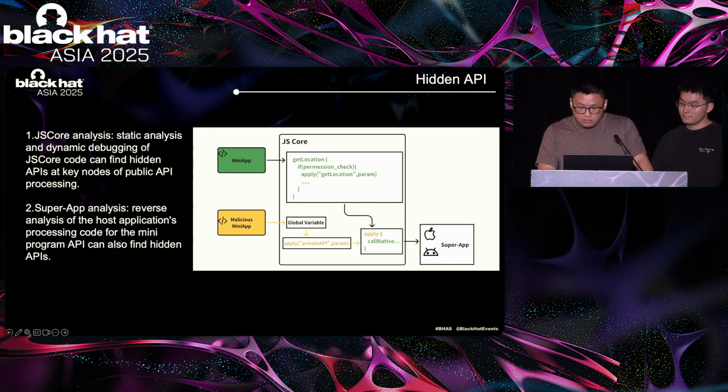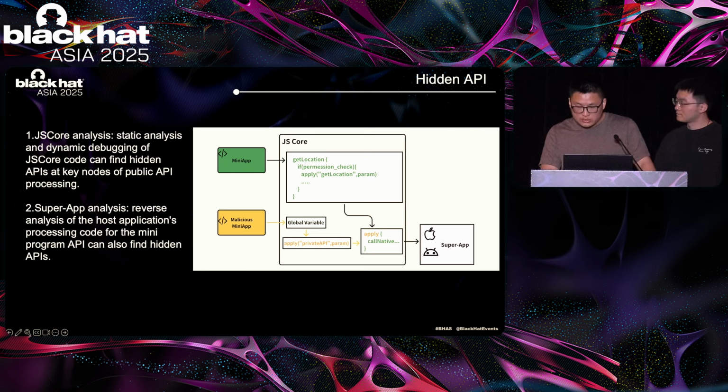Similarly, developers of mini apps can leverage hidden APIs to access capabilities beyond the intended restrictions, potentially compromising user security. This raises two important questions about mini apps' hidden APIs. How can we discover hidden APIs, and how can we effectively invoke them?